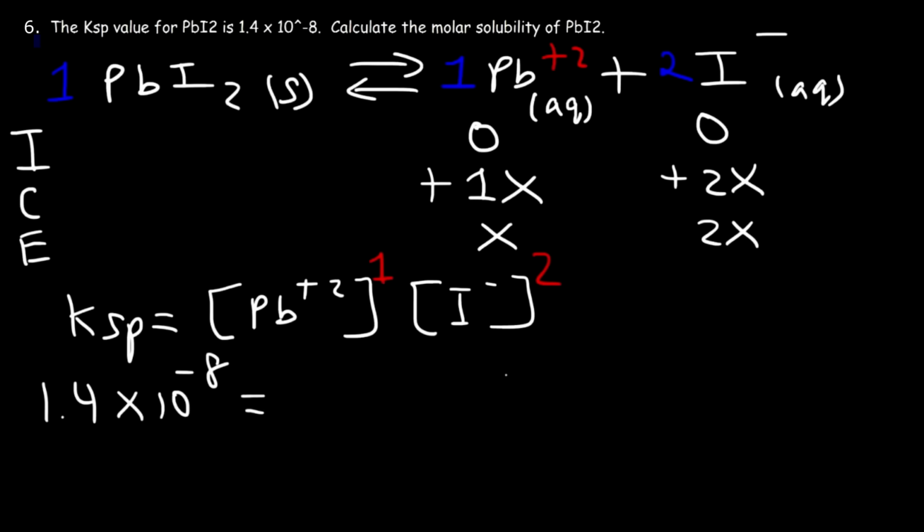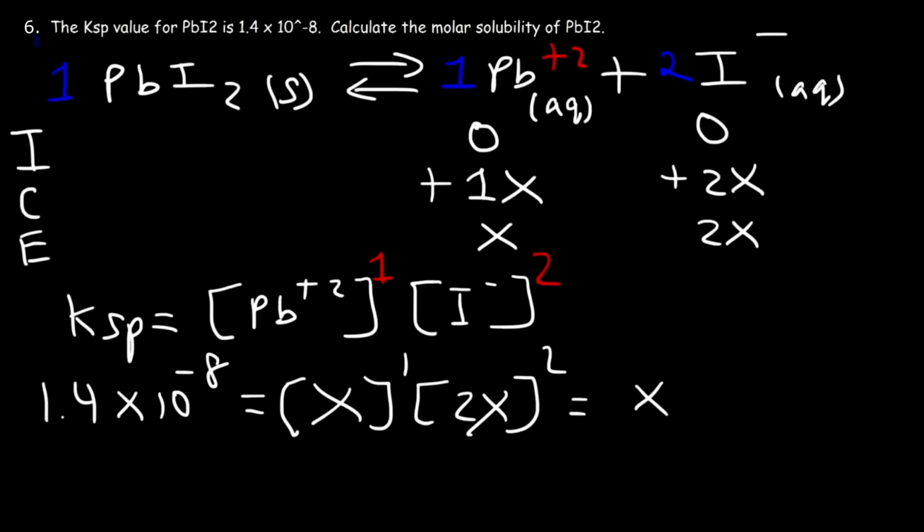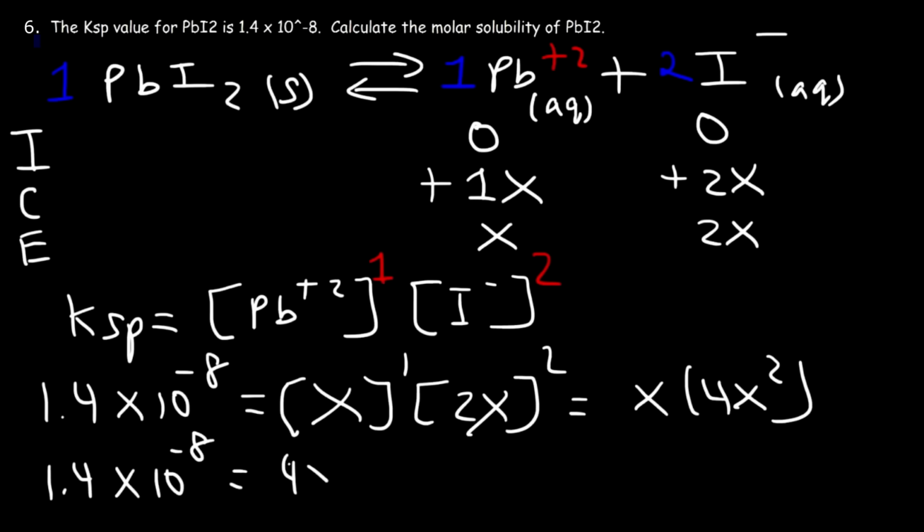And Pb 2+ is equal to X, and iodide is equal to 2x. 2x times 2x is 4x squared. And x times 4x squared is 4x cubed. So 1.4 times 10 to the negative 8 is equal to 4x cubed.